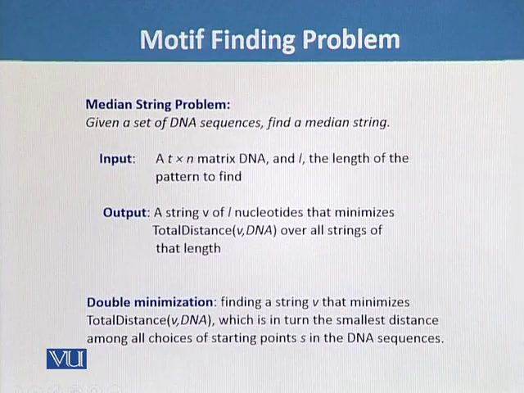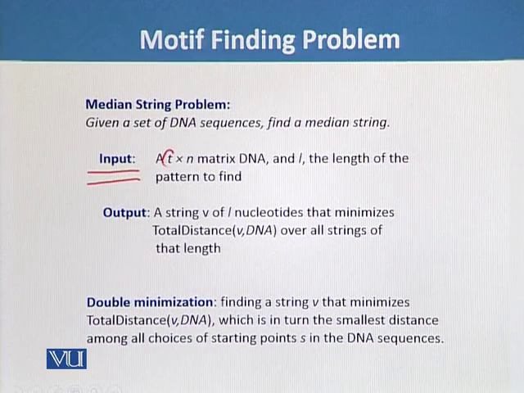So here we can also design an algorithm to find the median string within the DNA sequence. For this purpose we have to input T and N. T is the number of DNA sequences, N is the size of the sequences, and L is the length of the pattern to find.